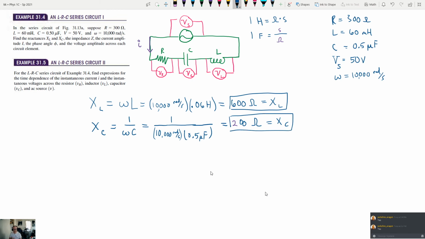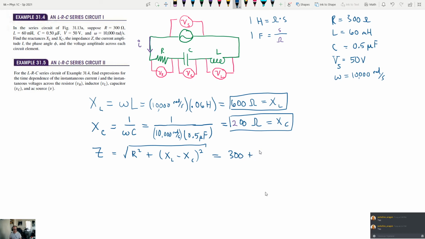The next thing is to find the impedance Z. So the impedance Z is equal to the square root of big R squared plus X sub L minus X sub C, whole squared. So this is going to be equal to, big R is 300. I'm going to put the units at the end.